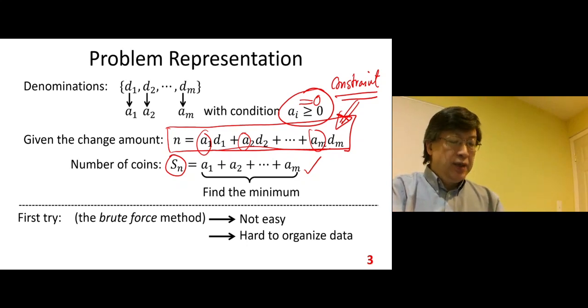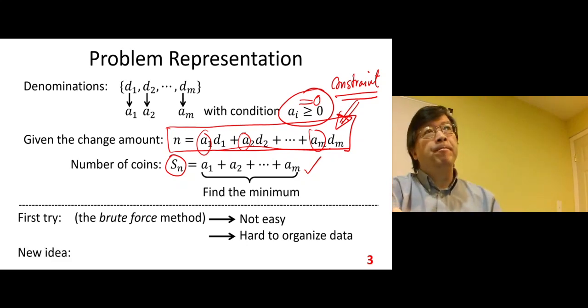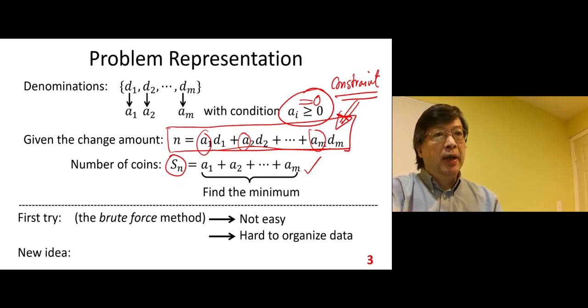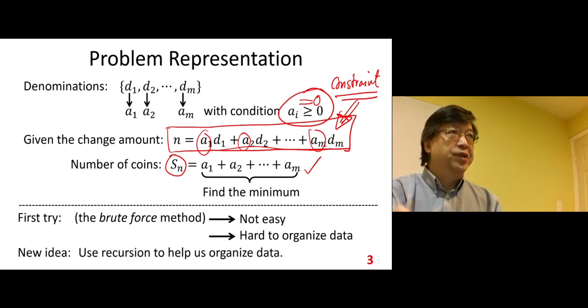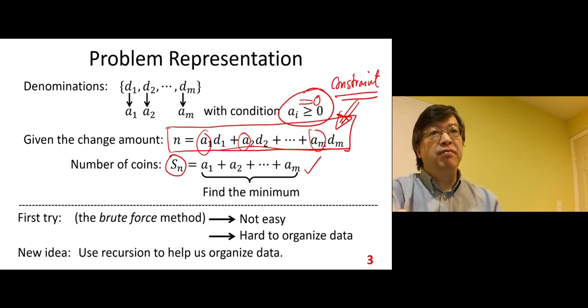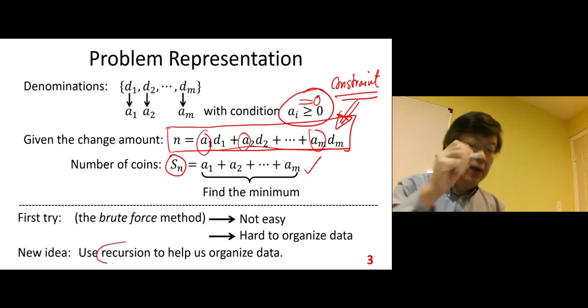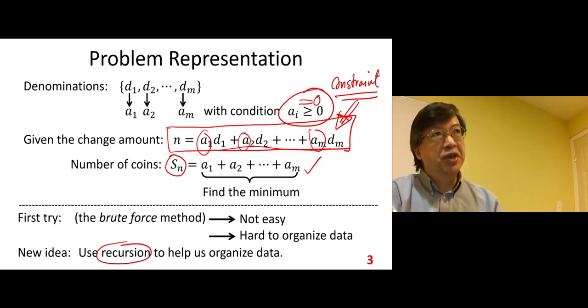All right. So now the new idea: use recursion to help us organize the data. Here you can see the recursion idea is so important for this class. Here we need to use it again.